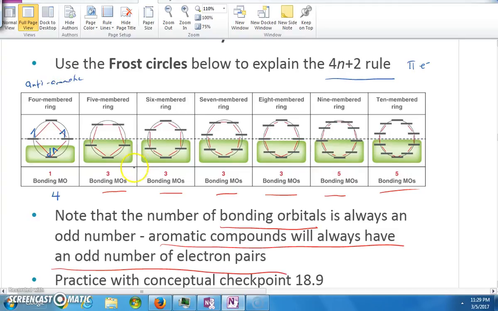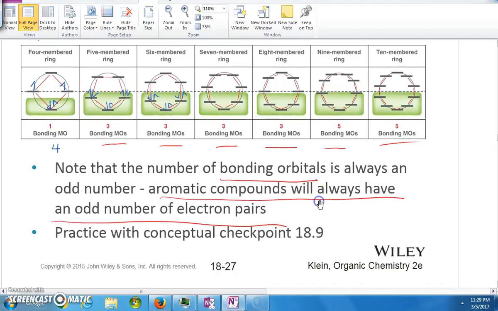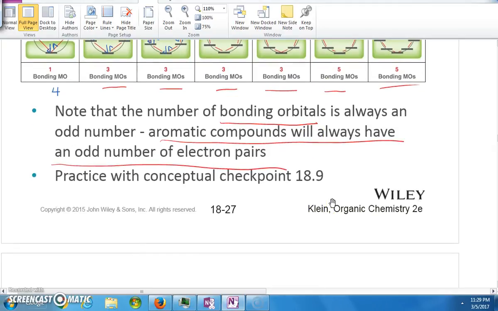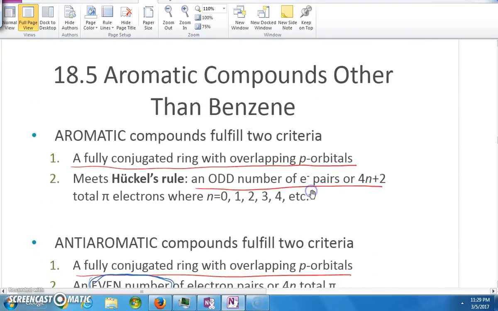Now this has a total of 6 electrons, so it's going to be filled. And this of course also has 6 electrons, so it's filled. This is going to be aromatic. So you can use it to determine if the molecule is going to be aromatic or non-aromatic.